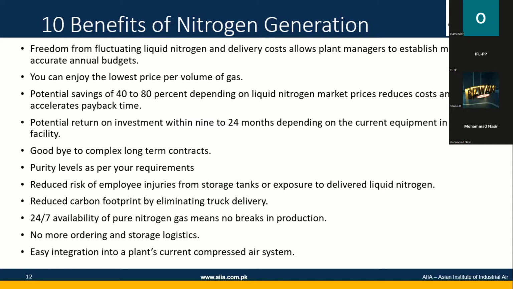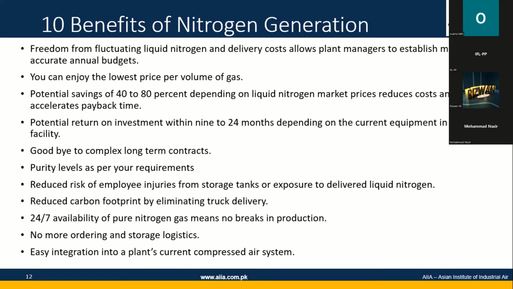If you already have a compressed air system, you just need to put a gas generator in front of it and you can have your own nitrogen. These benefits to me are all very attractive. I hope you have the same feeling about the benefits.